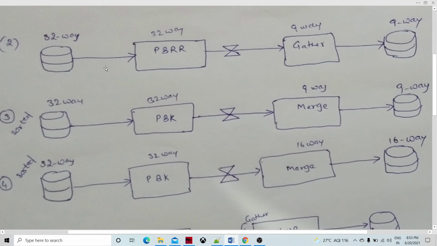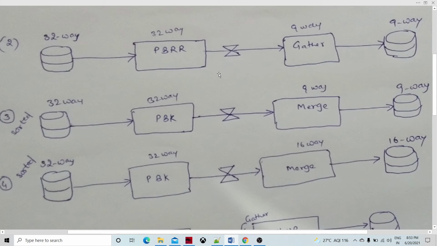If you want to achieve a different degree, where 32 is not a complete multiple of 9, then there is a different mechanism altogether, and we don't have to take care of the key. So use the partition by round robin and gather component, and this is an all to all flow.